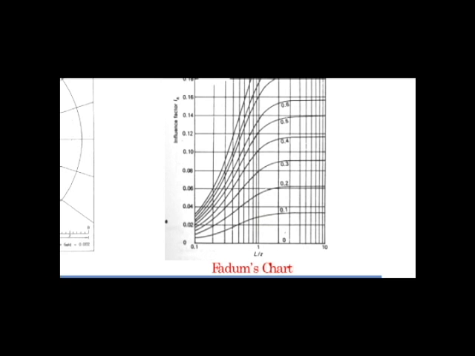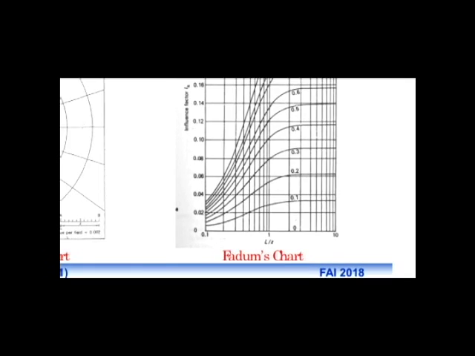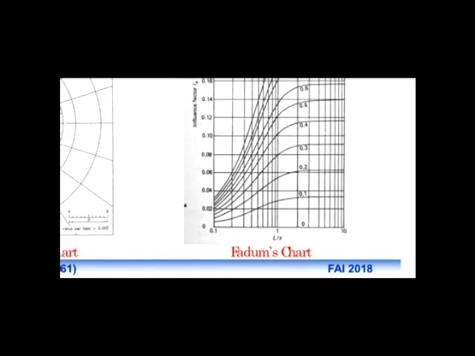You may take it as 0.03 for your IR. Another example: if your L over Z equals 1 and your B over Z equals 0.3, you just follow the curved lines, and now your IR is 0.08.